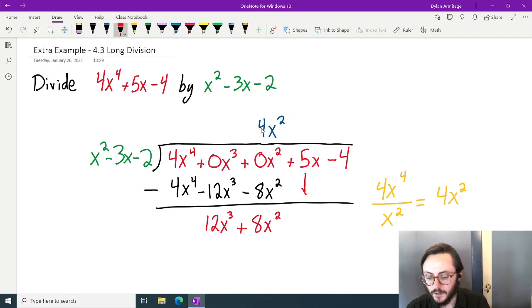And we bring down our next term, plus 5x.